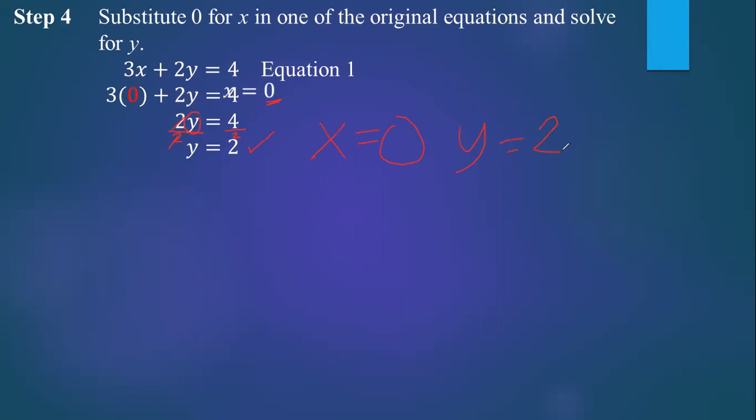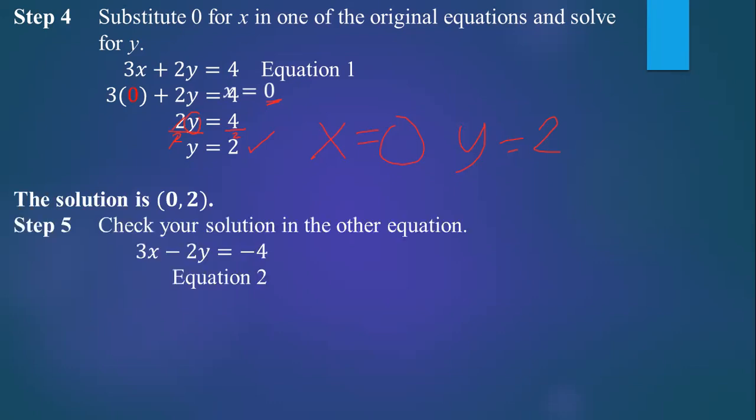What did we do again? We eliminate y so that we can get the value of x. When we have the value of x, we can substitute that to get the value of y. Take note, you can eliminate either x or y. Try to choose which is easy.